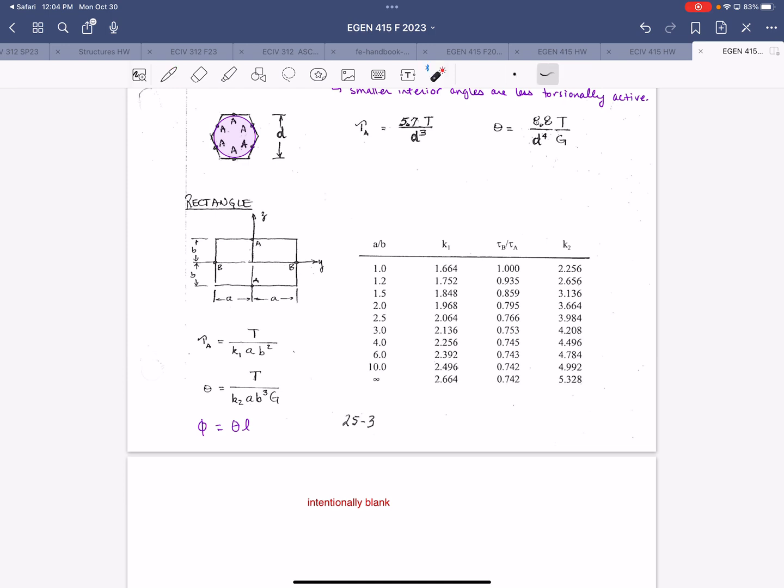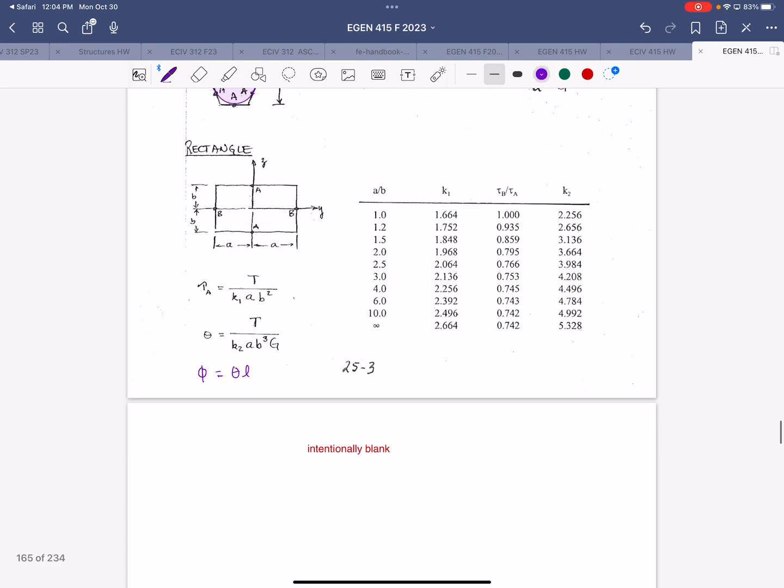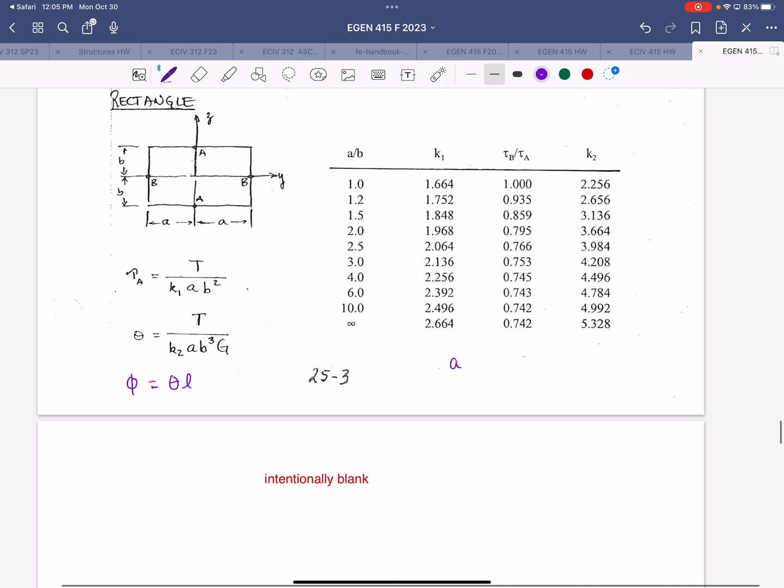So the way this table works is it's based on the ratio of the dimensions of the sides of the rectangle. So lowercase a and b represent half of the dimensions on each side. So a is specifically half of the longer side, and b is specifically half of the smaller side.